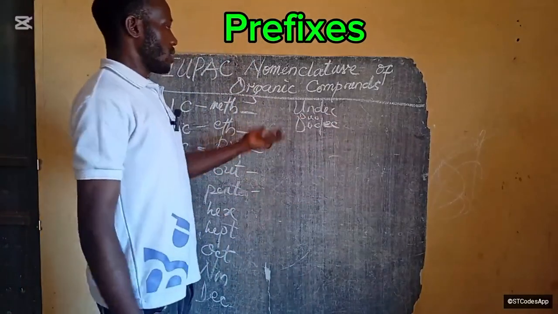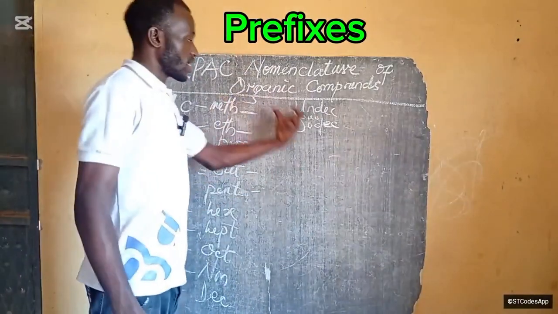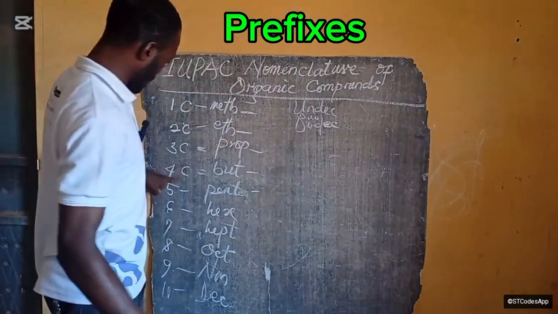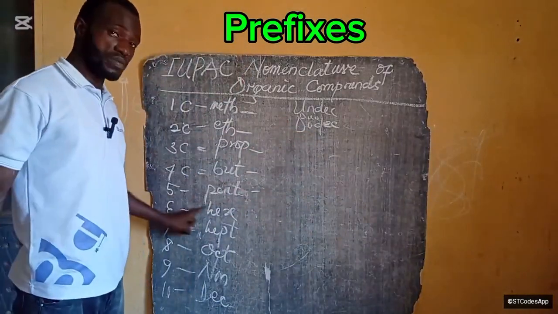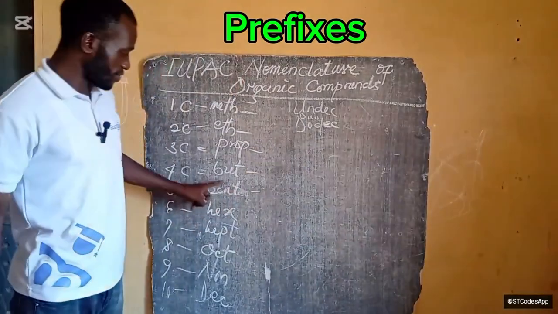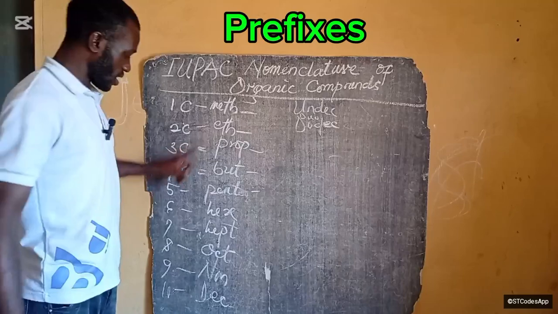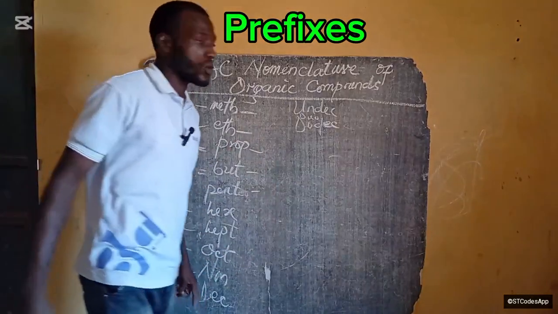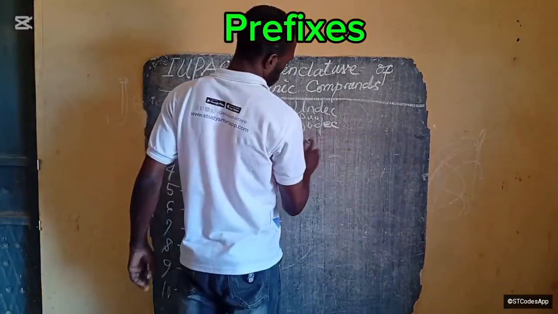Is that okay? Tridec 13, tetradec 14, pentadec 15, hexadec. Do you see it again? These prefixes are being repeated now. Pentadec 15, hexadec 16, heptadec 17, octadec, nonadec. Then 20 is now eicos.